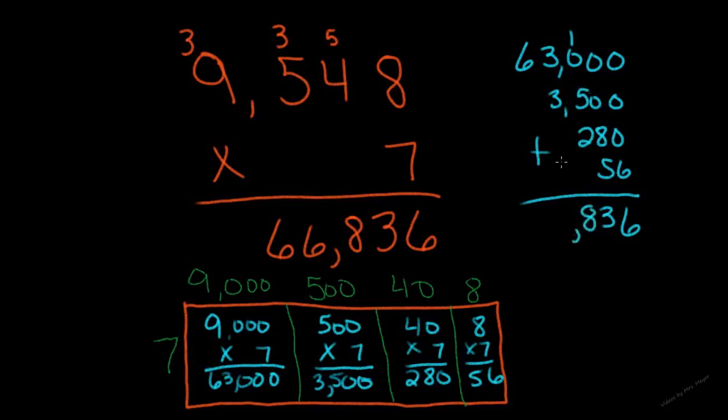Ones place will be 6. 8 plus 5 is 13. 3, carry the 1. 5 plus 2 is 7 plus 1 is 8. 3 plus 3 is 6, and bring down the 6. So we get our total. Our 66,836 here matches our product there. So you can see it matches up. Our area model is basically a check to be sure that our answer totals as it should.